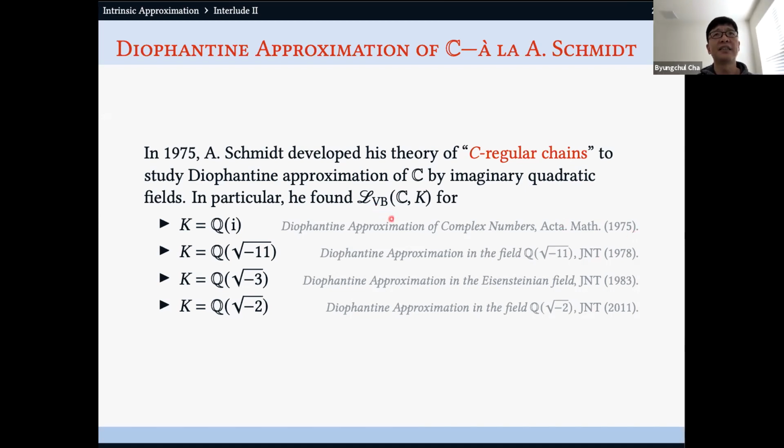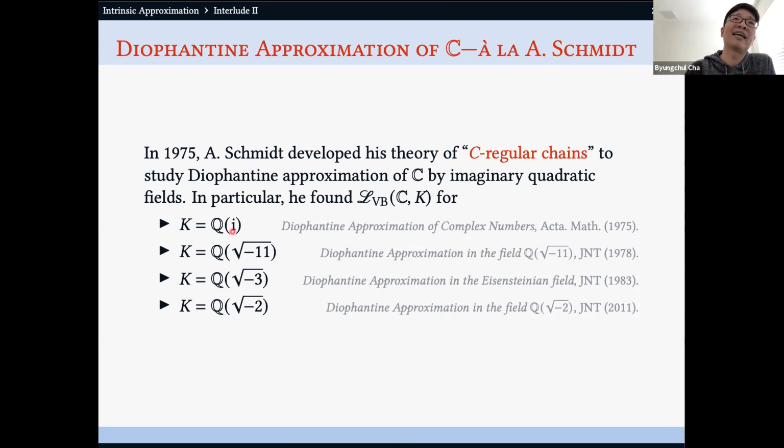He developed his theory of complex regular chains, and his main business was to do Diophantine approximation of C by imaginary quadratic fields, different imaginary quadratic fields. He was able to describe all very badly approximable Lagrange numbers for 1, 2, 3, 4 different imaginary quadratic fields.